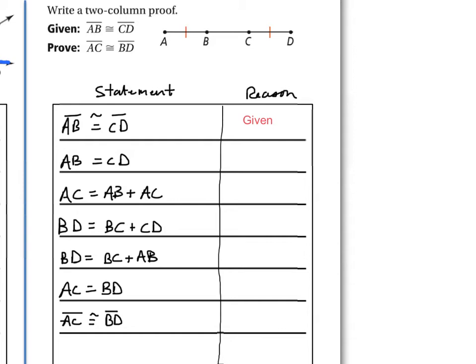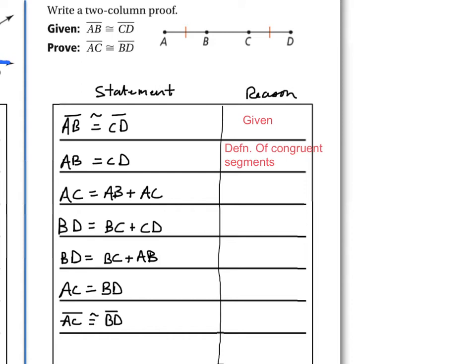So for your definition for right now, just put this in, and we're going to discuss this in class. The definition of congruent, and we're talking about segments in here, so we're going to call that definition of congruent segments. We're going to put that in there as our reason.